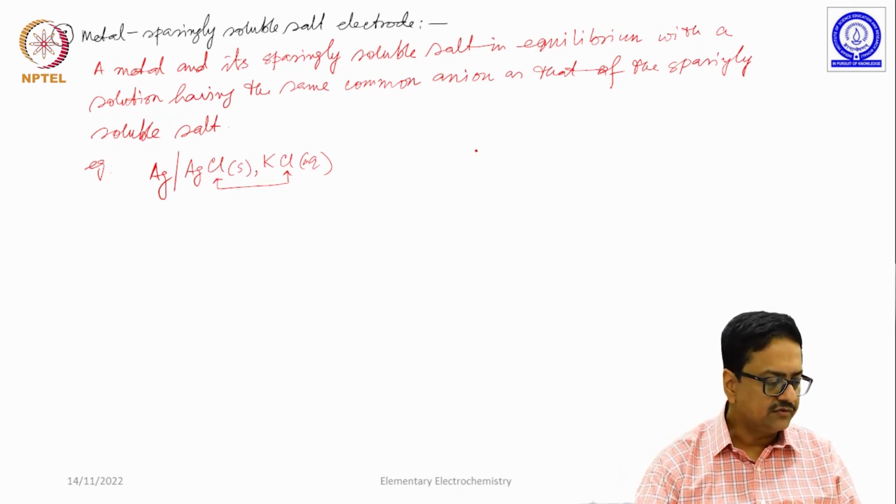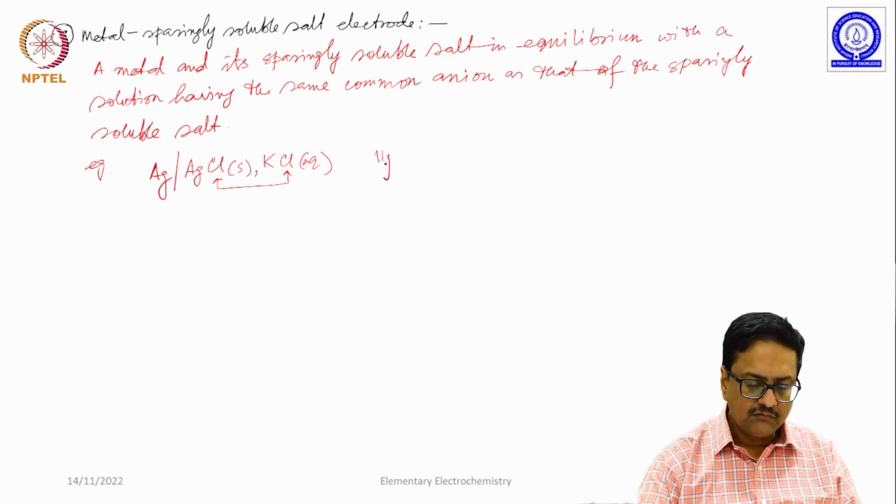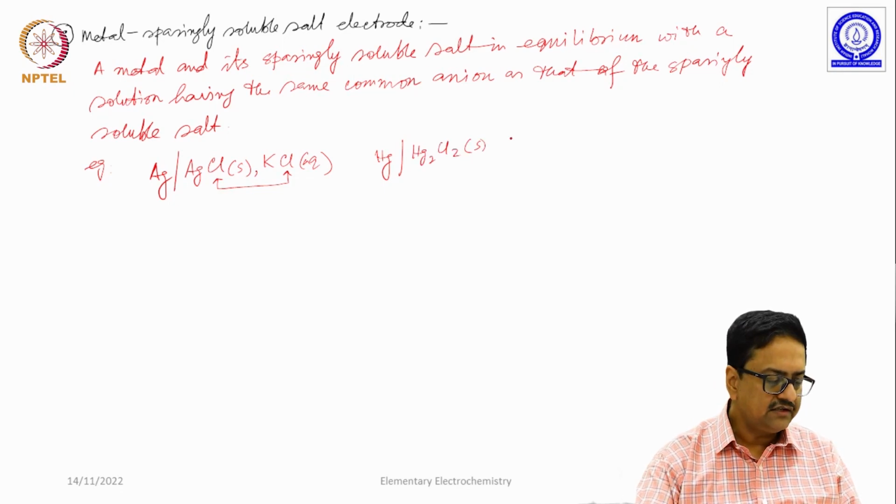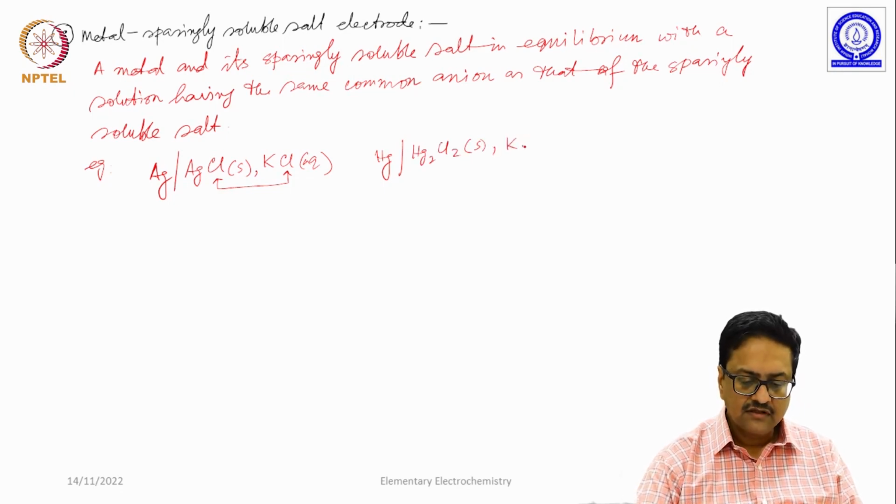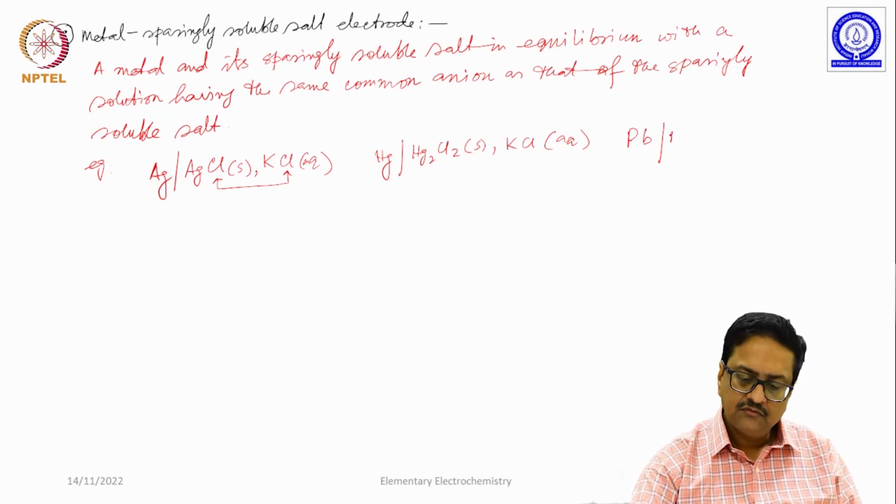Similarly, one can use mercury, Hg2Cl2 solid with KCl aqueous, or Pb with PbSO4 solid with K2SO4 aqueous.